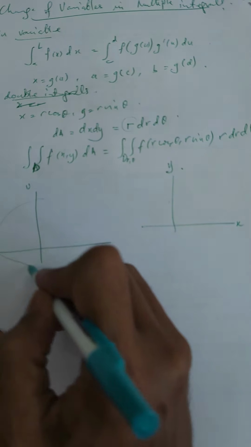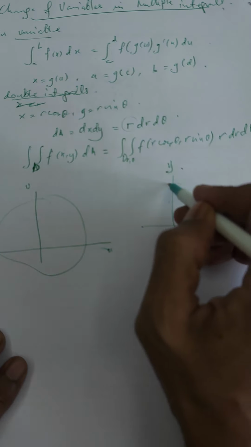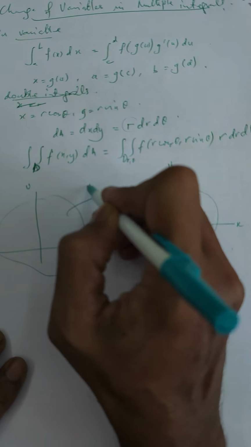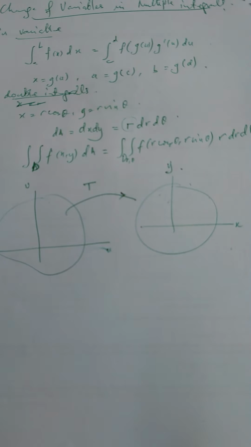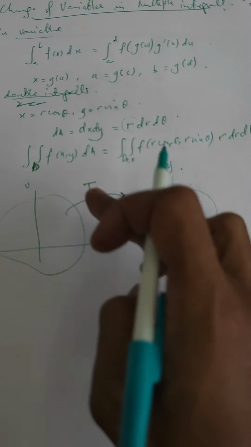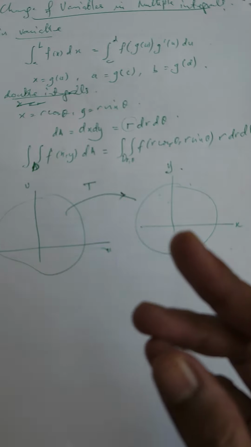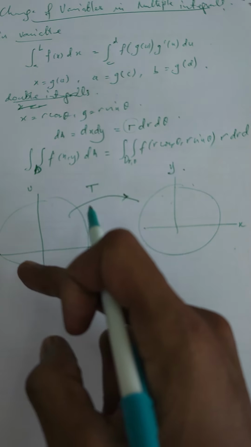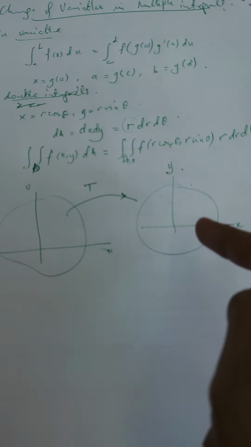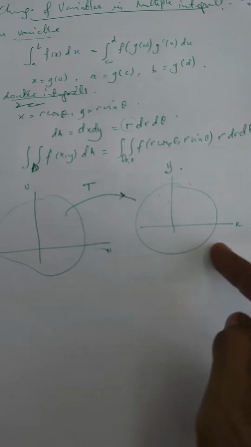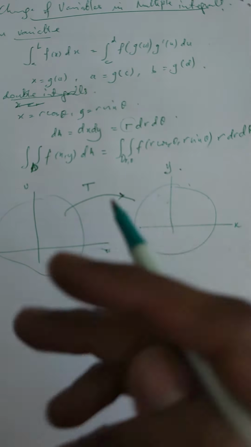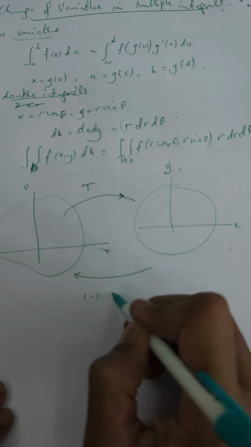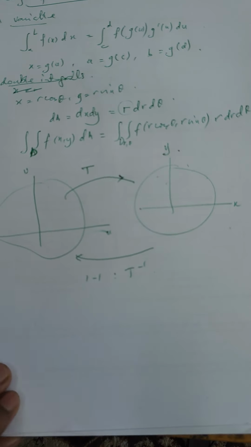Let's say we have a region here, and we transform it to a new region here, under some kind of transformation, let's call that transformation T. If the transformation is 1-to-1, then you can transform from the uv plane to the xy plane as well as from the xy plane to the uv plane. For the case of 1 to 1, we can find the inverse of it.